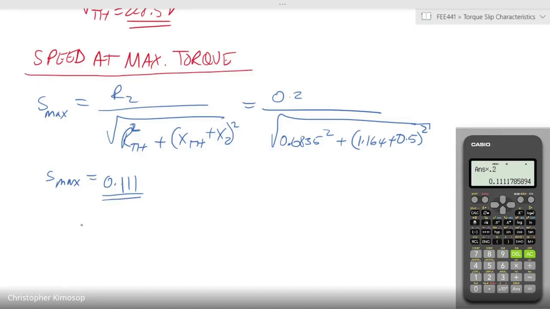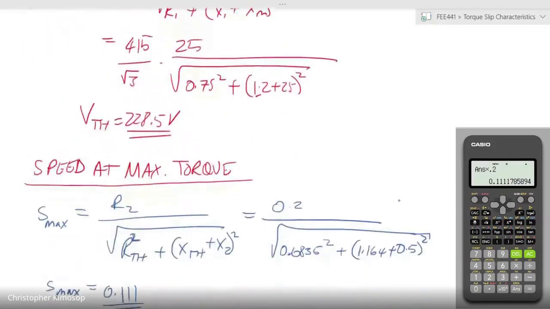And the mechanical speed at this slip is given by 1 minus S max times ns, which is 1 minus 0.111 times ns. Synchronous speed is 120 times f over p.